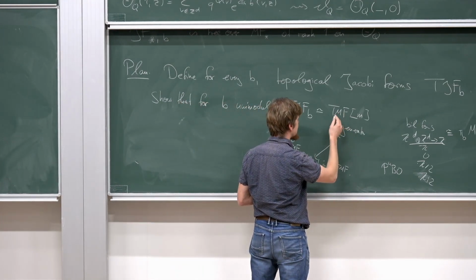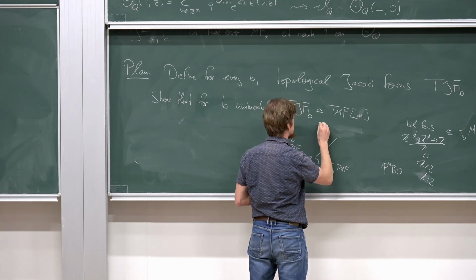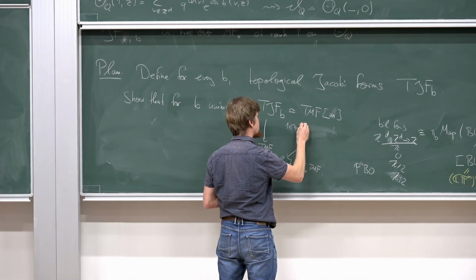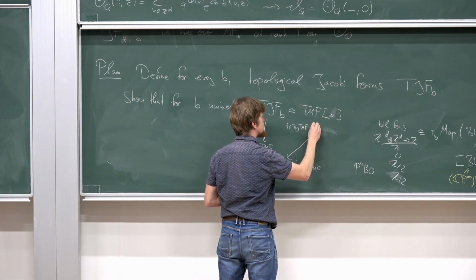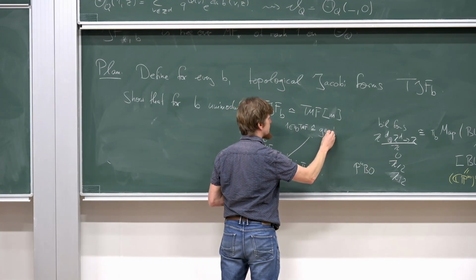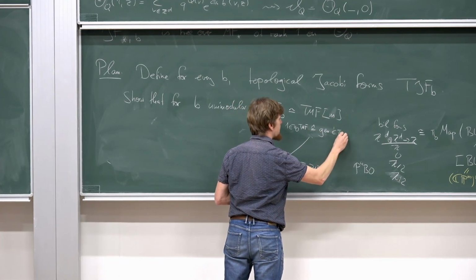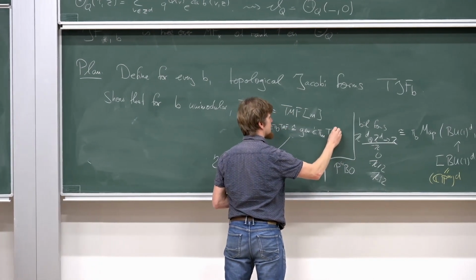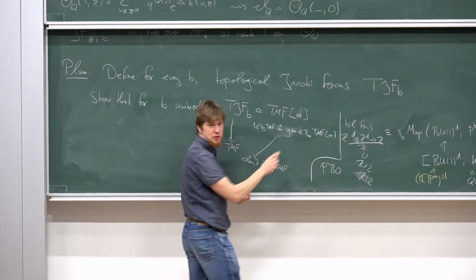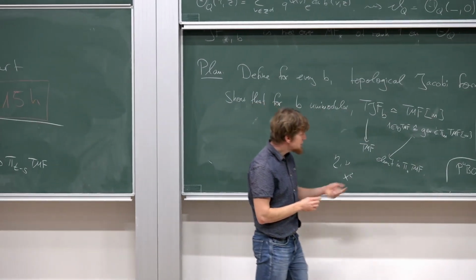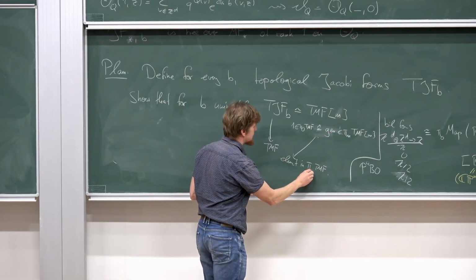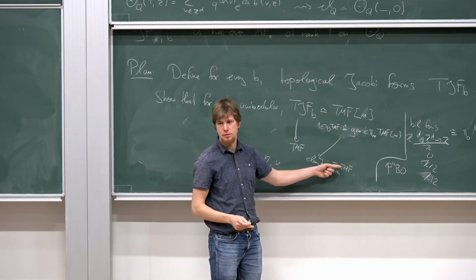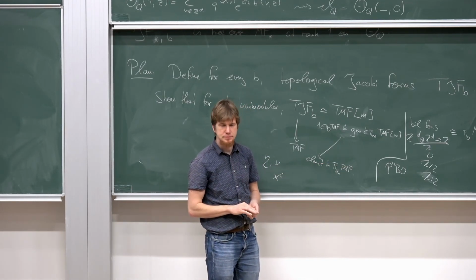Because I have an element 1 in pi 0 of TMF, this corresponds to a certain generator of pi m of the M-fold shift of TMF. That's just the suspension isomorphism. And this generator is then sent by this composite to an element in pi m of TMF. So this is what I meant. Thank you.